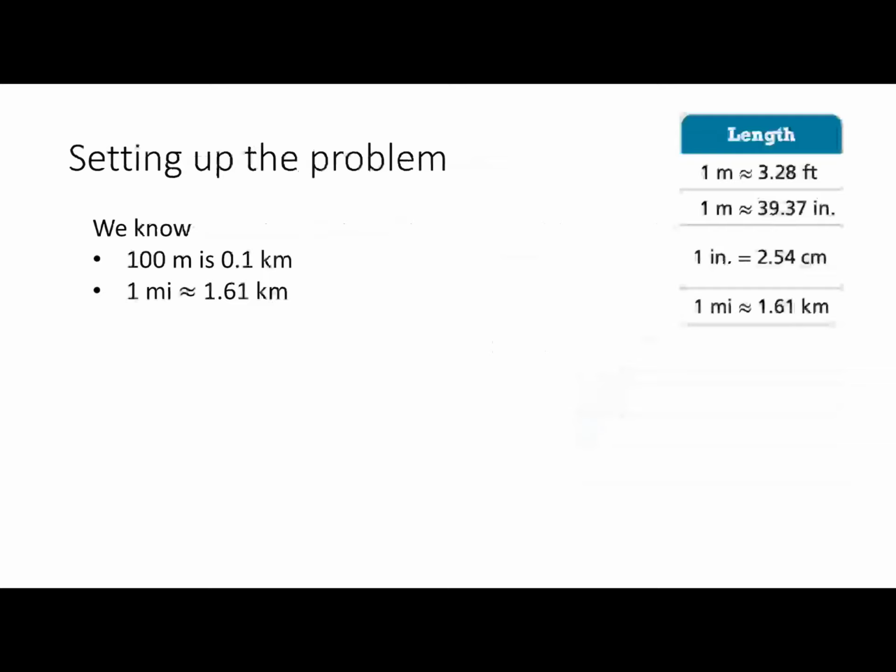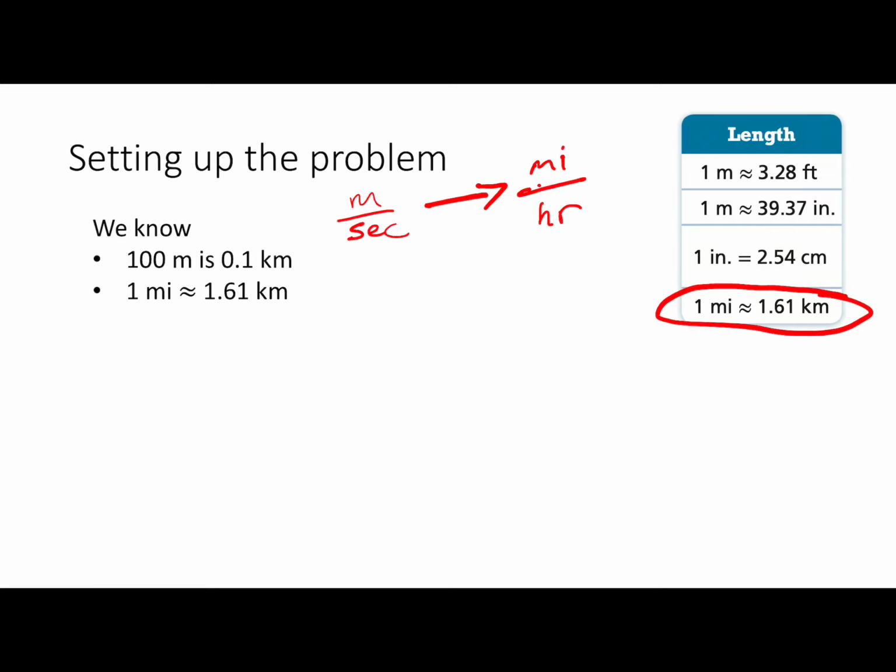Okay, let's set up this problem. We know that we started off with meters per second, and where we want to get to is miles per hour. Okay, so what do we know? We know 100 meters is 0.1 kilometers.